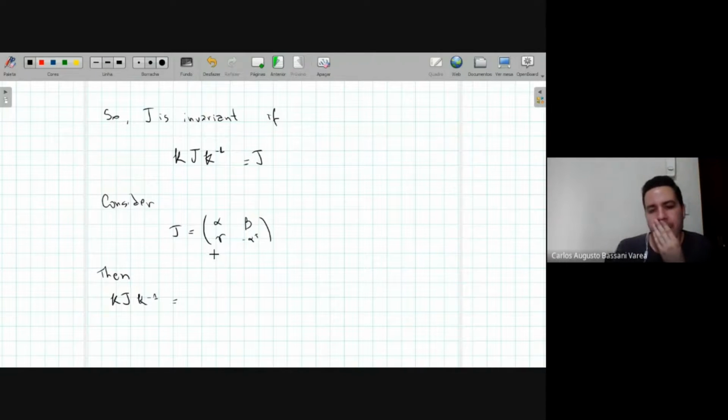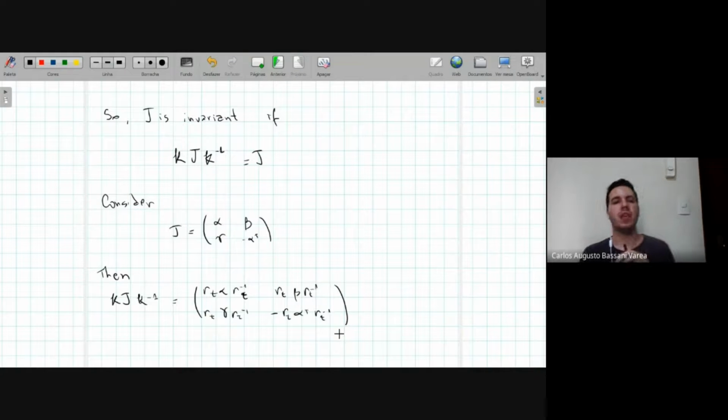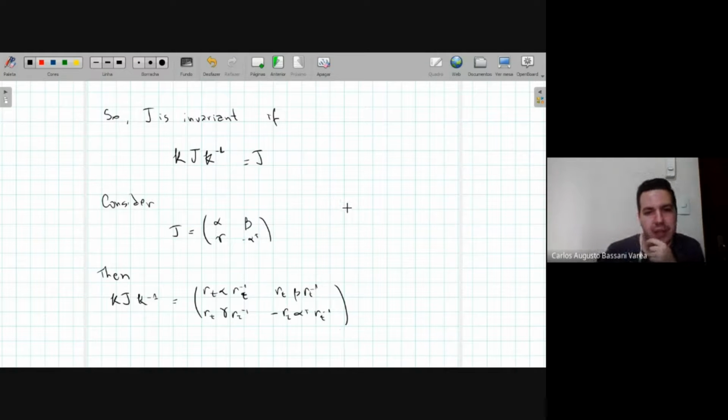K is given by a block matrix. So doing the product, we obtain just the product in each block: alpha, RT beta RT minus 1, RT gamma RT minus 1, and here we have RT minus alpha transpose RT minus 1. We have this expression when we do the product of block matrices. But remember that gamma and beta are skew symmetric.